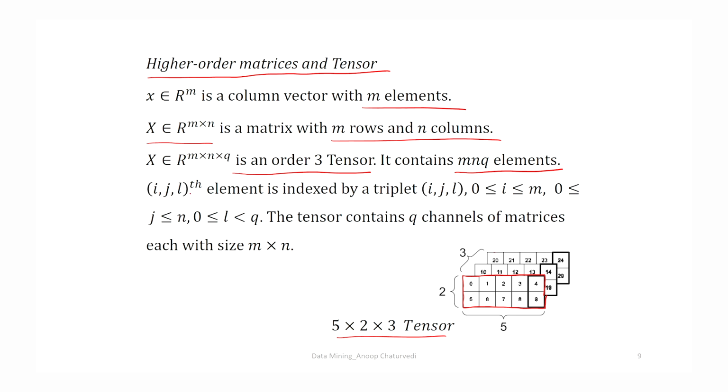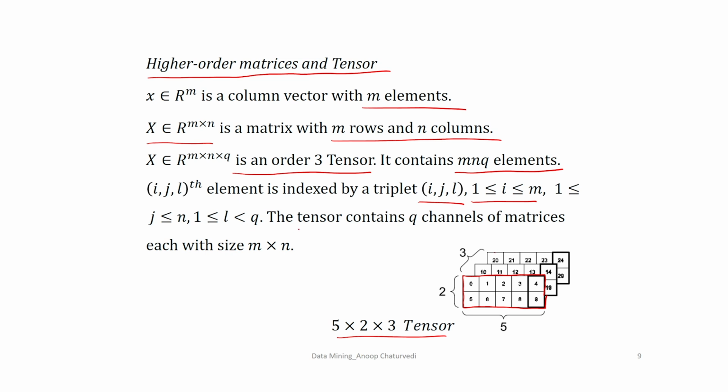So, in all you have 30 elements, 5 into 2 into 3. Here the (i, j, l)th element is indexed by a triplet i, j, l, where i varies from 1 to m, j varies from 1 to n, and l varies from 1 to q.